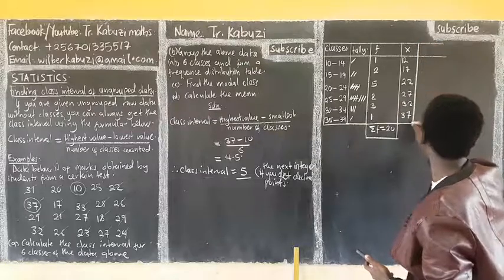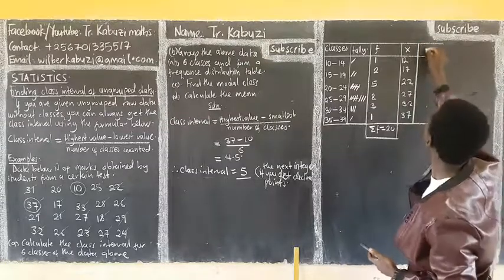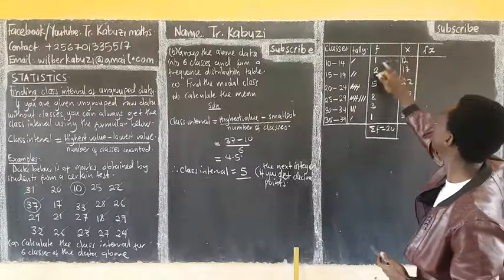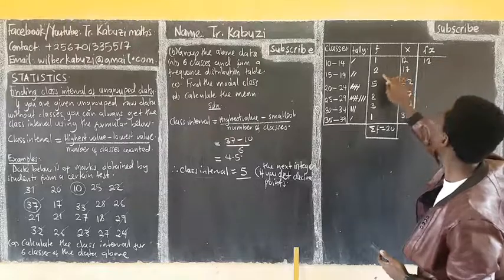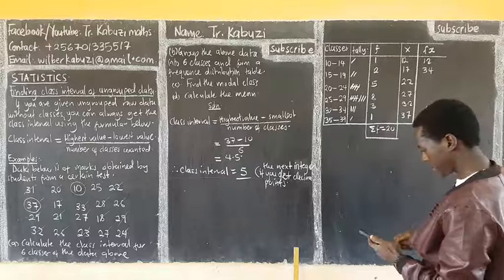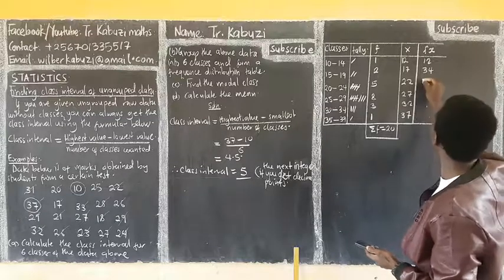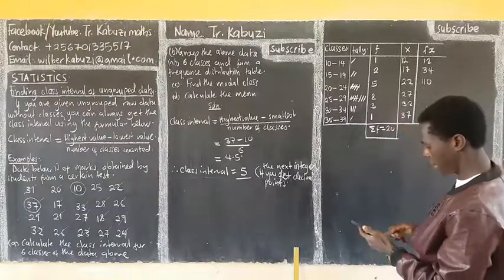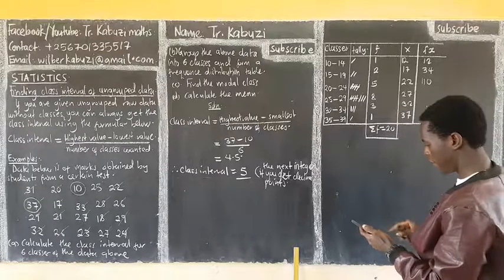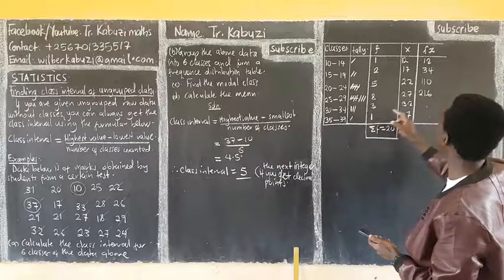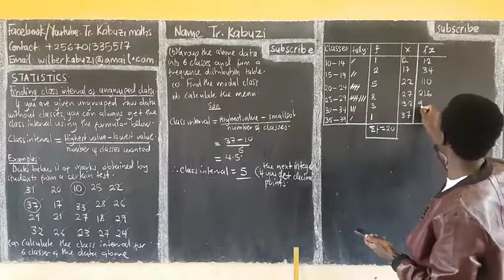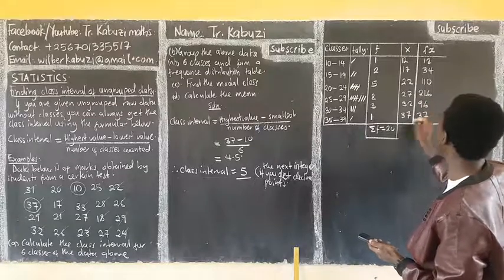Then we need our f of x. Our f of x is this times this, f and x. So this is 12 times this, giving 34. This would be 110. Then this would be times 27, 216. Then this would be 32 times 3. That is 96. Then this would be 37 times this.